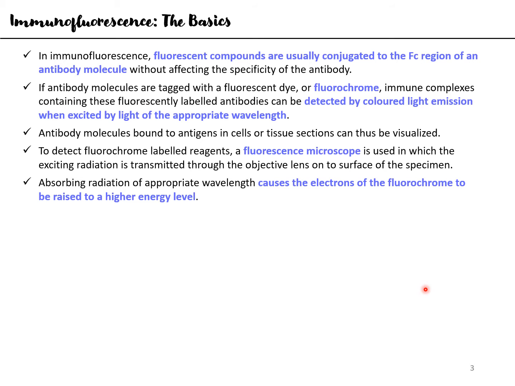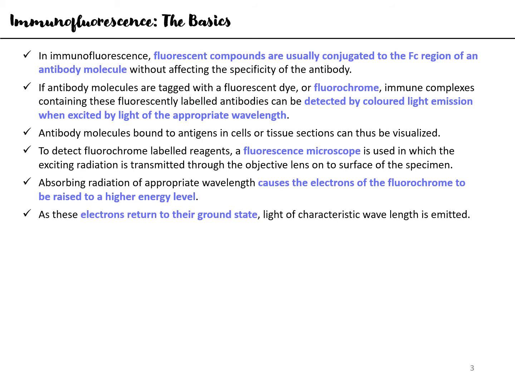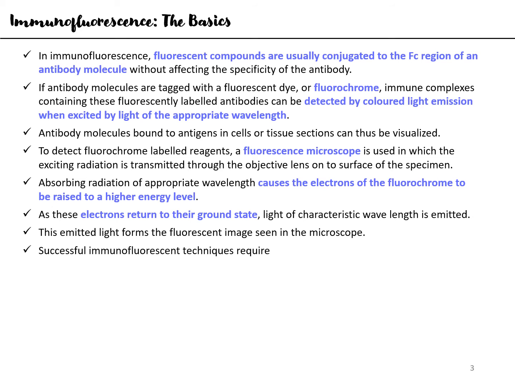Absorbing radiation of appropriate wavelength causes the electrons of the fluorochrome to be raised to a higher energy level, as we saw in the Jablonski diagram. As these electrons return back to their ground state, light of a characteristic wavelength is emitted. And this emitted light then forms a fluorescent image that we observe under the fluorescence microscope.